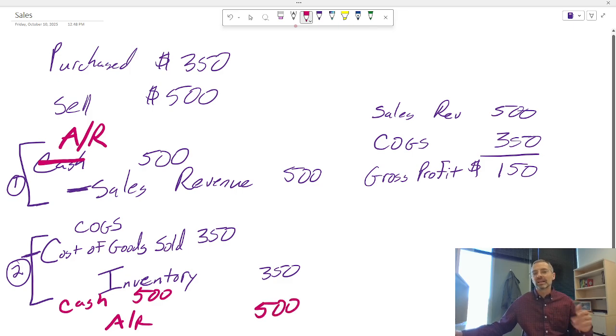So just one extra step if the customer is purchasing on account: instead of putting it in cash, we put it in accounts receivable. And then when they pay us, we get the cash and we remove it from accounts receivable.